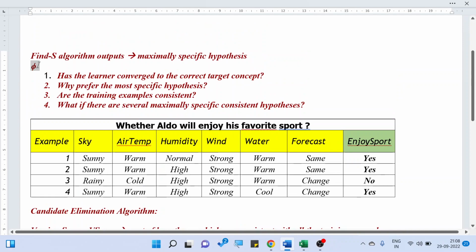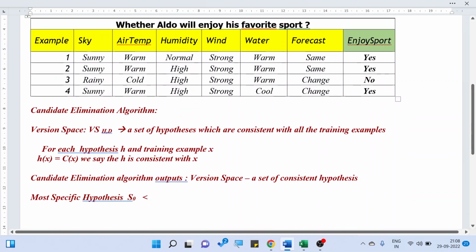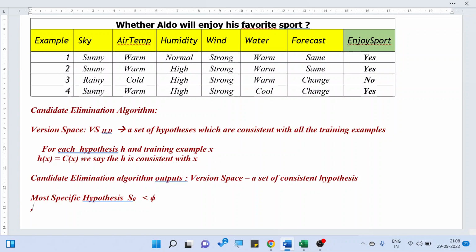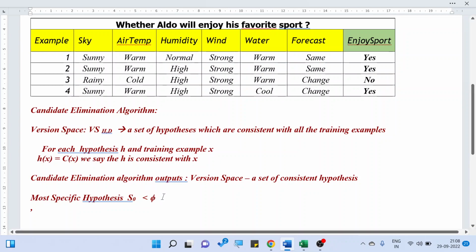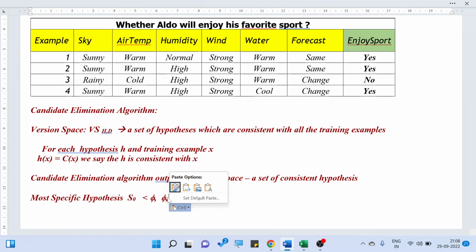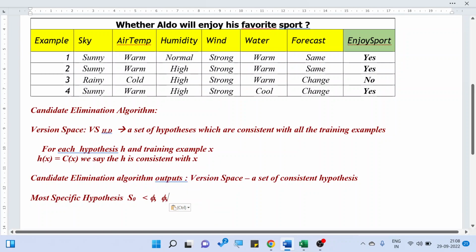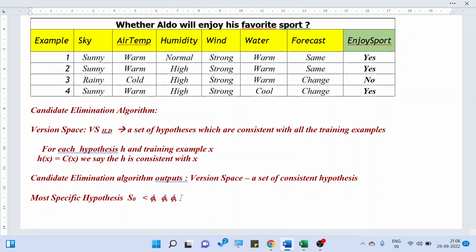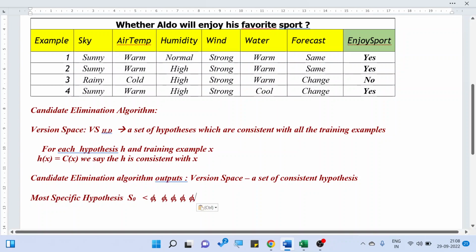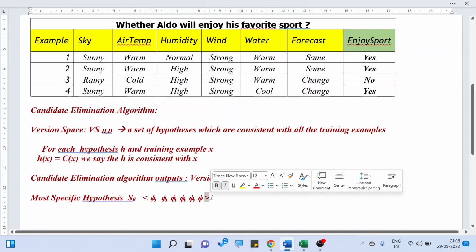So 6 phi values, phi comma phi, phi, phi, phi, totally 6 phis.